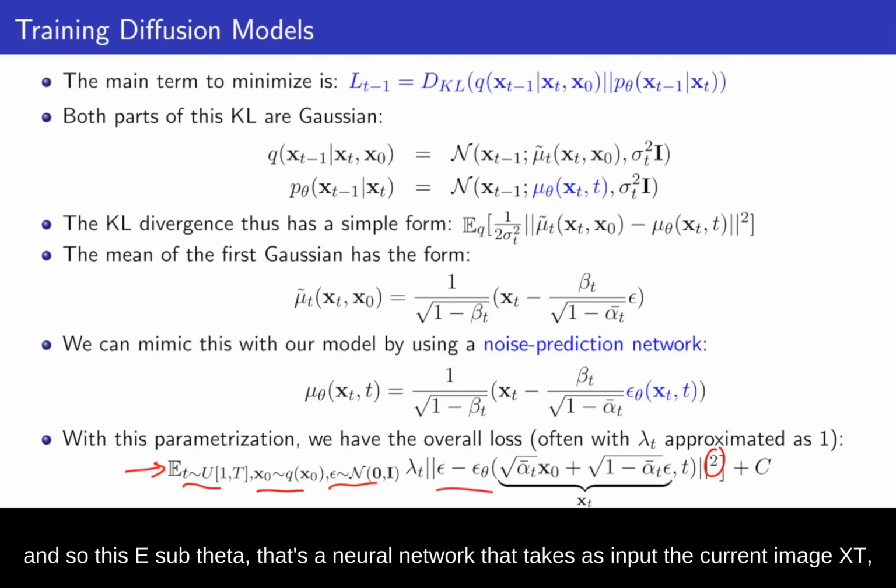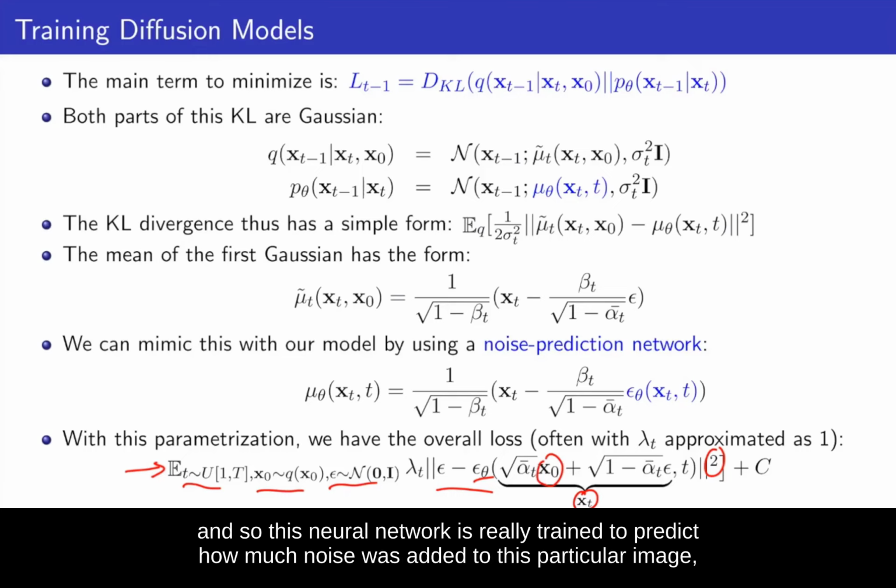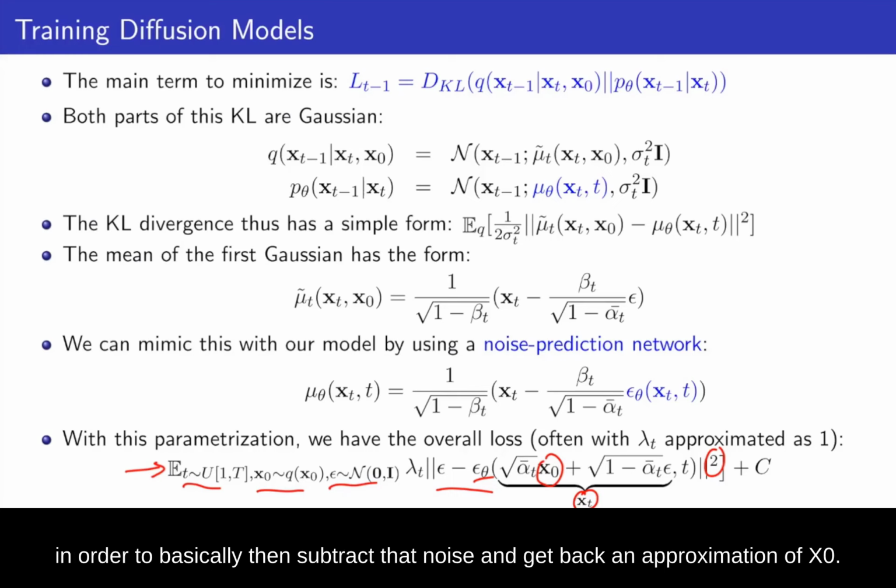And this epsilon sub theta is a neural network that takes as input the current image, xt, which we get from our diffusion kernel from x0 in closed form. This neural network is trained to predict how much noise was added to this particular image in order to then subtract that noise and get back an approximation of x0.